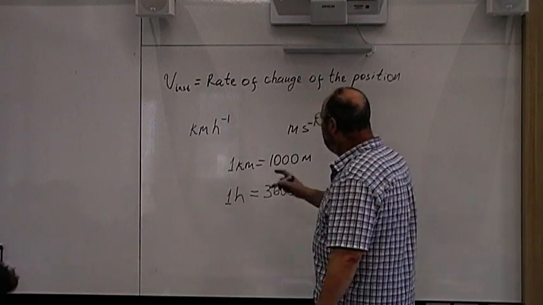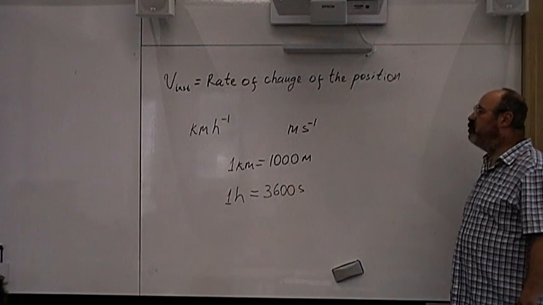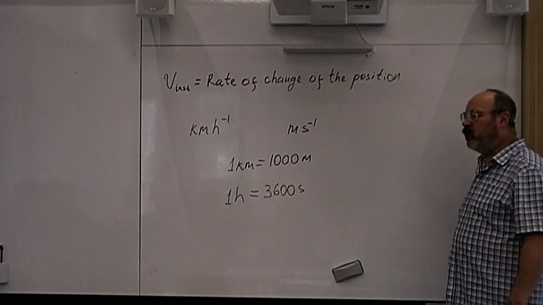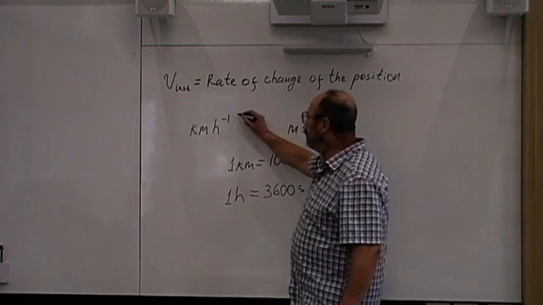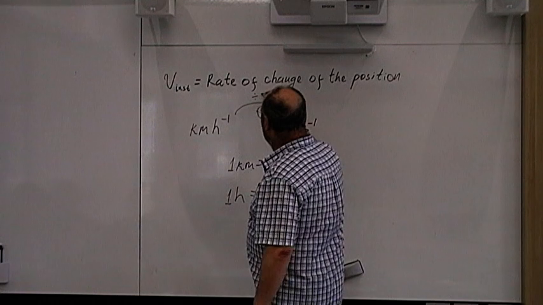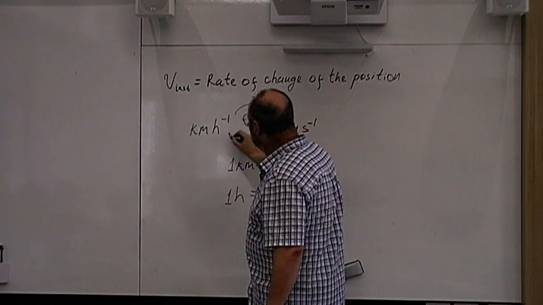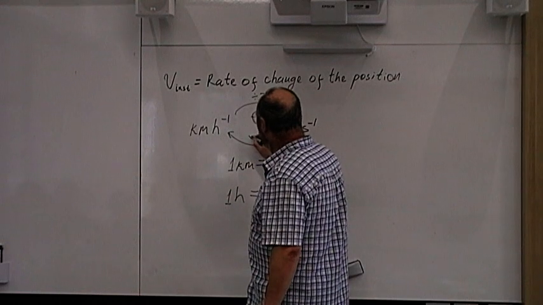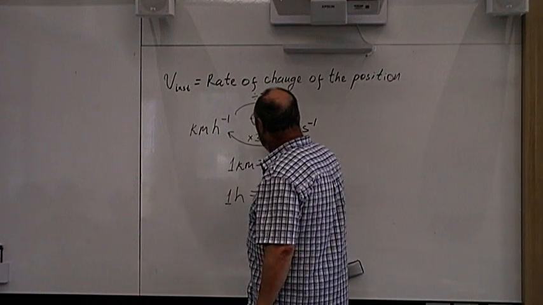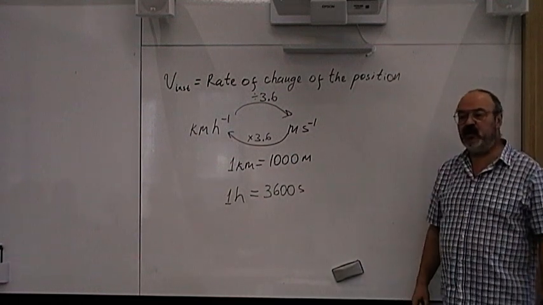So to convert from kilometers per hour into meters per second, we divide by 3.6. From meters per second into kilometers per hour, we multiply by 3.6. 3,600 divided by 1,000 is 3.6.